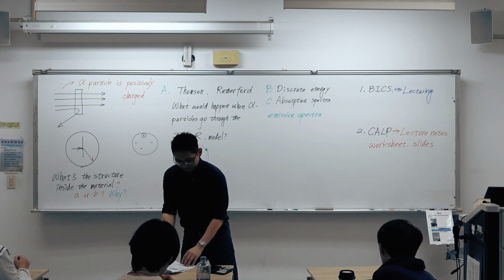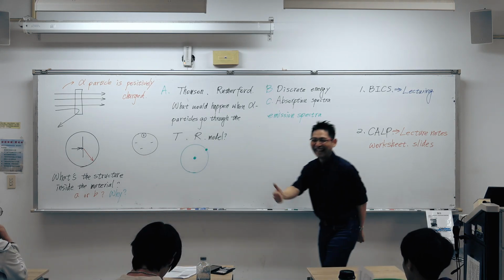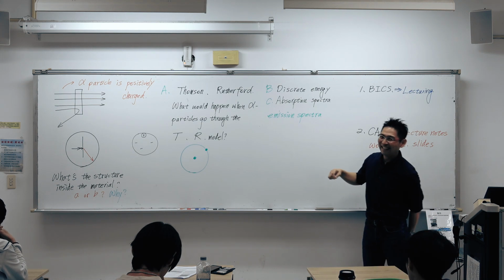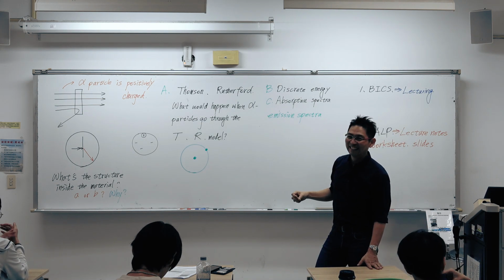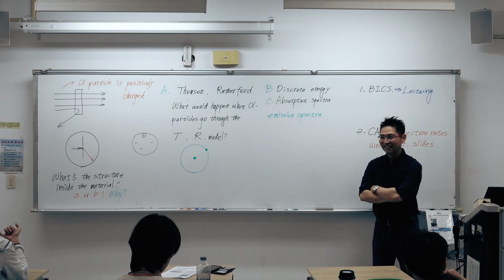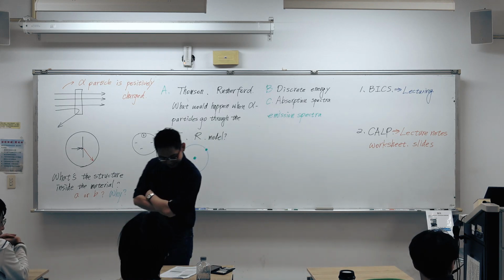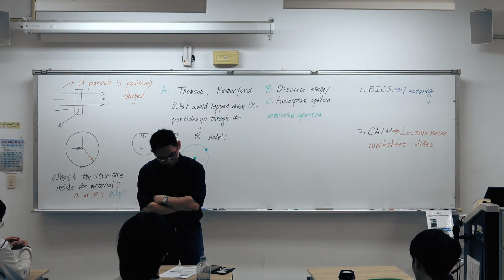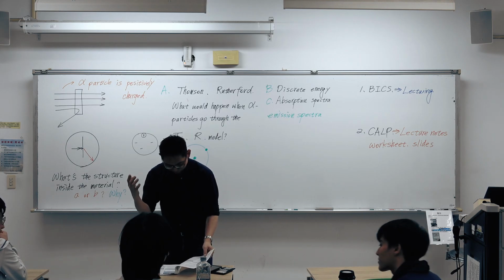There's a thought that we should talk about absorption first, because the electron must absorb a photon first, and then it will emit. So that means in this case we should talk about absorption first. Then we should talk about the emission. So which diagram?